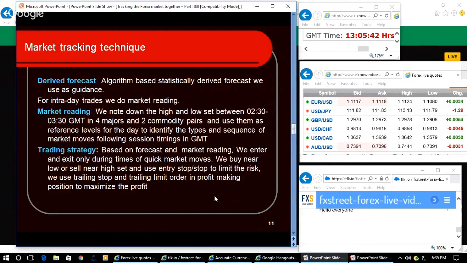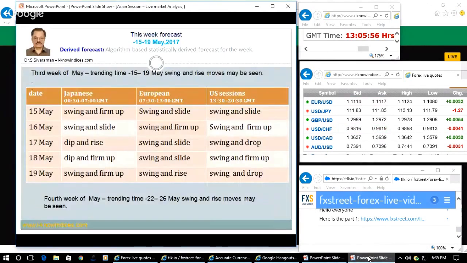Now, the technique consists of the derived forecast, then the market reading, and the trading strategy to limit the risk and maximize the profit. The derived forecast says today they are expected to make the swing and slide, but they have been making the higher level swing all along with a little slide towards close, that is by 13 GMT.